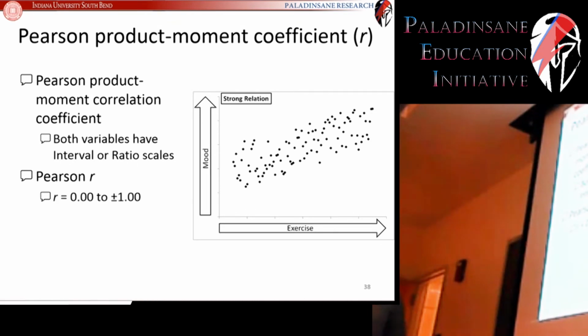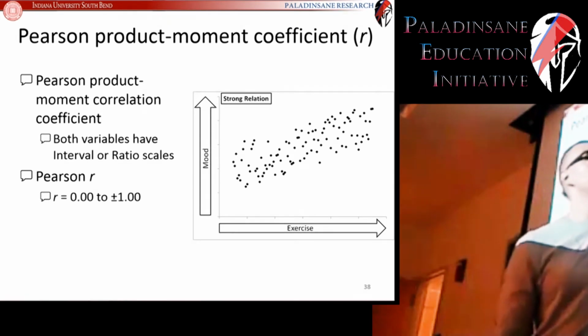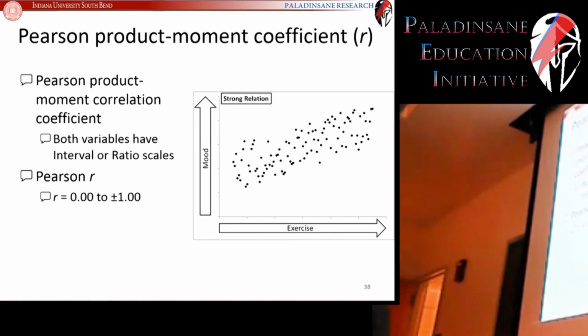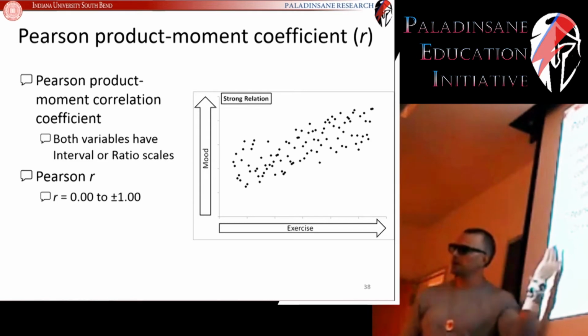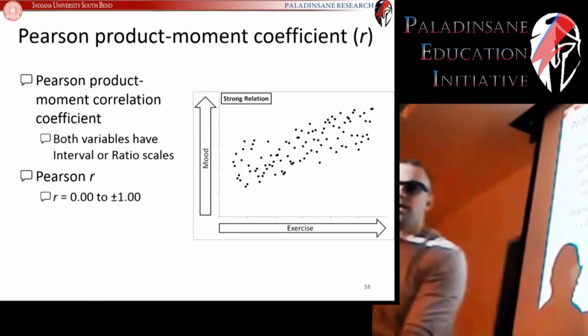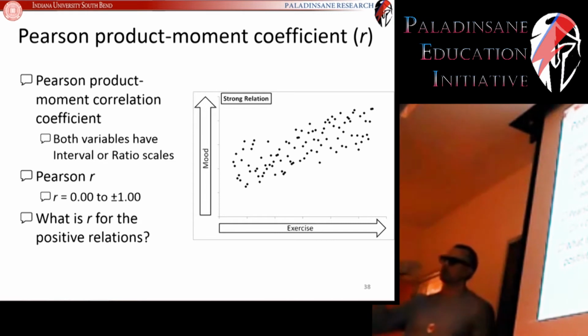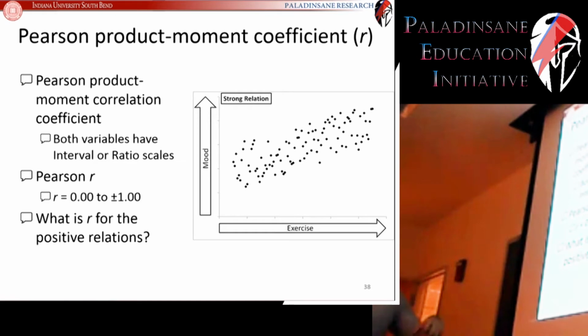So that's where we get this Pearson correlation coefficient. It is the statistic that measures the strength of these correlations. It can go anywhere from 0 to plus or minus 1. So it can go all the way from -1 to 0 to +1. And it has those two components. One is the sign, one is the strength.